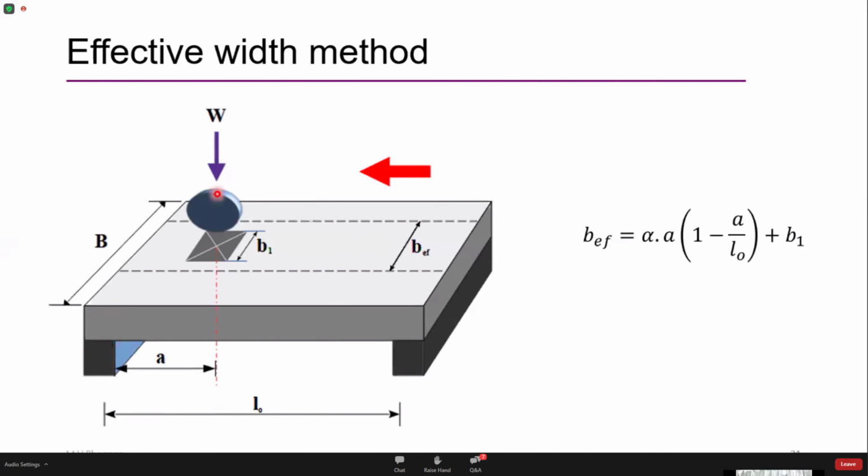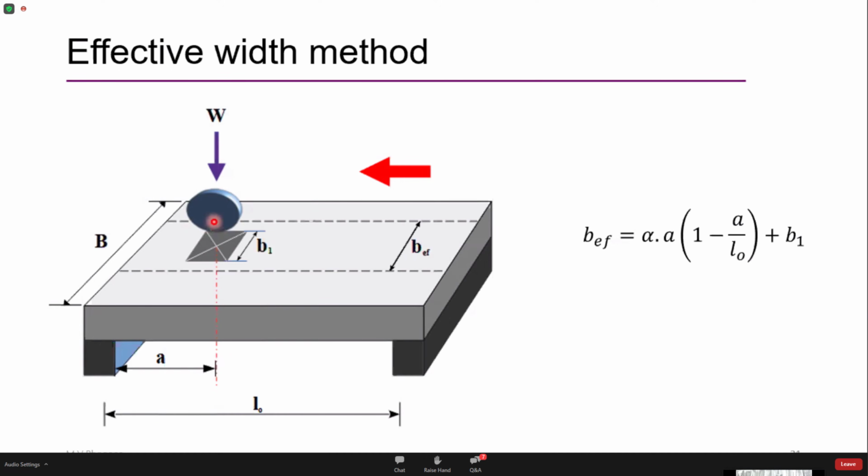Let's consider a wheel load. So this is a wheel load carrying some load W, and this load is placed on the deck slab. When the load is placed on the deck slab, the load is going to get dispersed through the thickness of the slab.